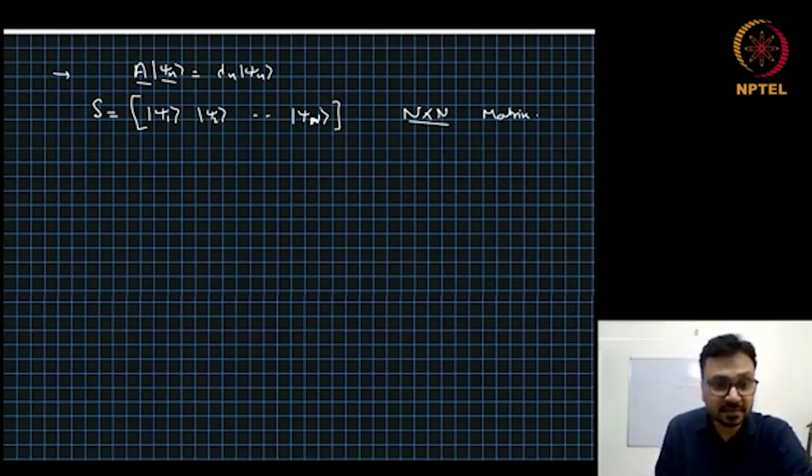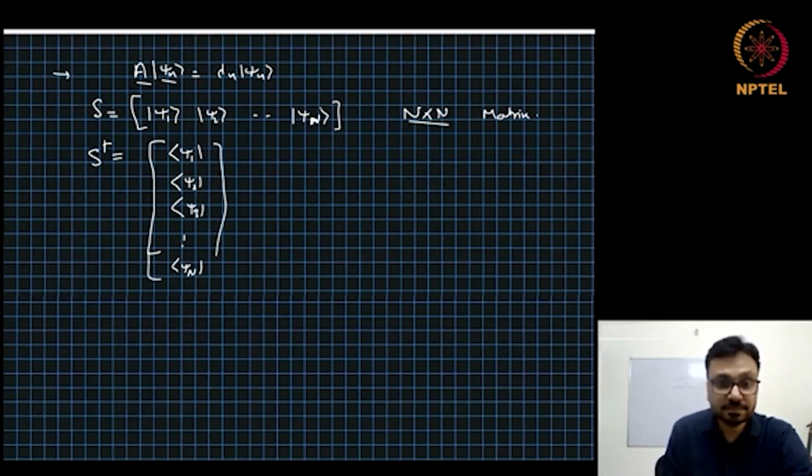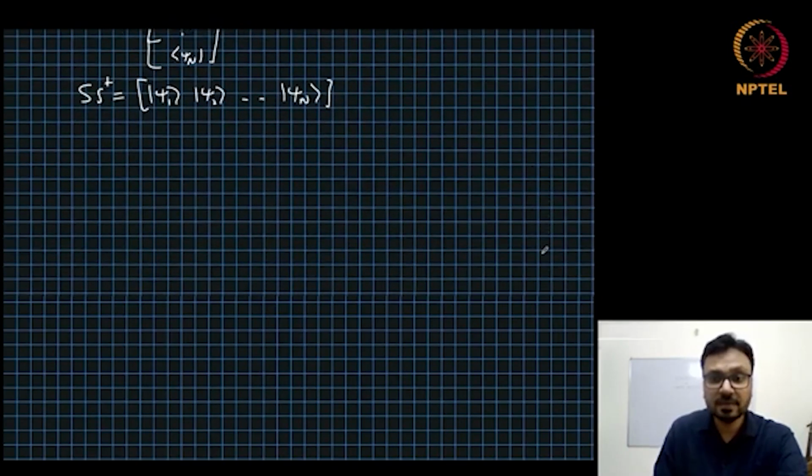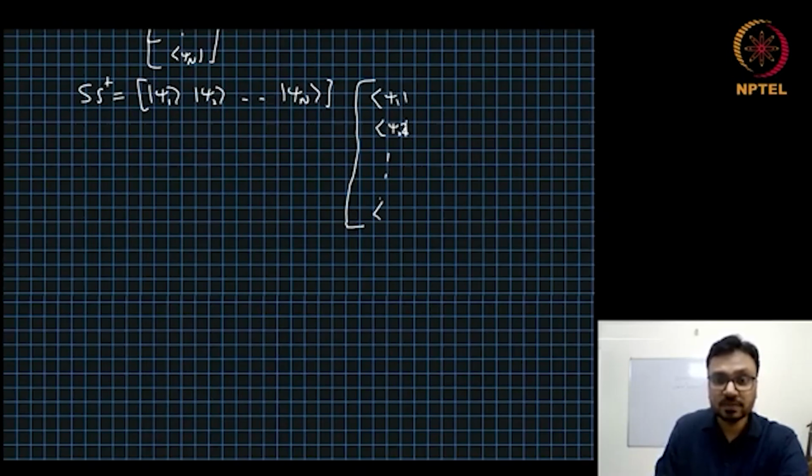Now the interesting thing about S is, first of all, let us see what is S dagger. S dagger will be psi 1, psi 2, psi 3 and psi n, as rows, times psi 1, psi 2, psi n, as columns.